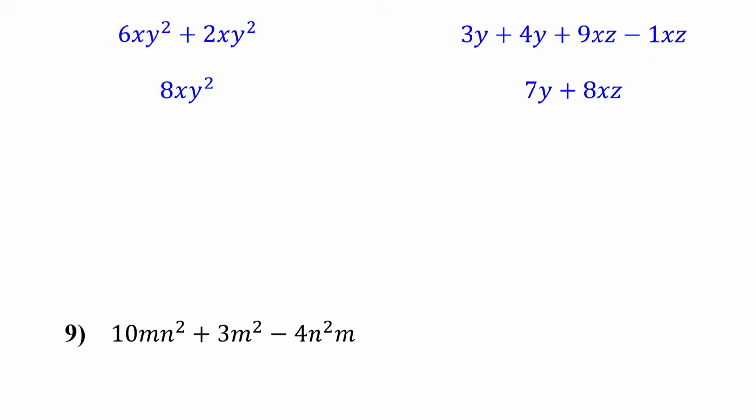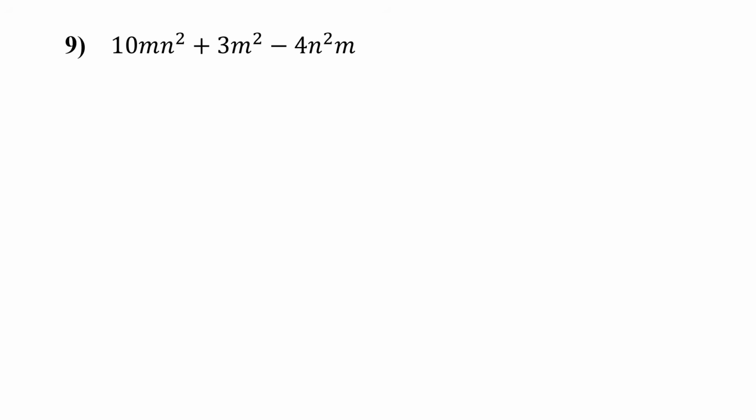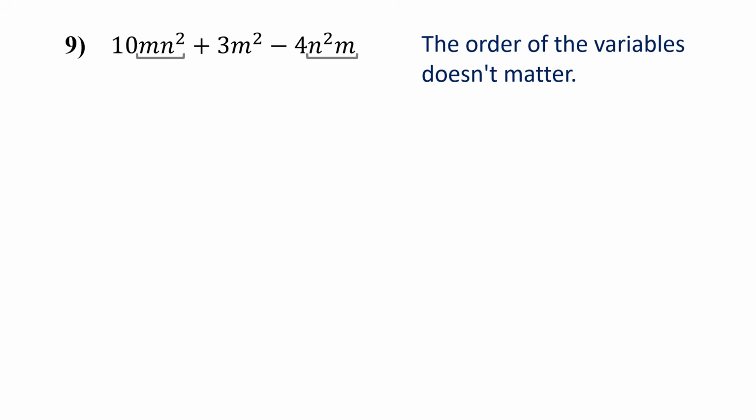The next one is a bit sneaky. Take a close look. The first term has mn squared. The third term has n squared m. At first glance, they may look different, but both have m and n squared. They are just written in a different order. And here's the key. In multiplication, the order of the variables doesn't matter. So in the third term, we can rewrite n squared m as mn squared.